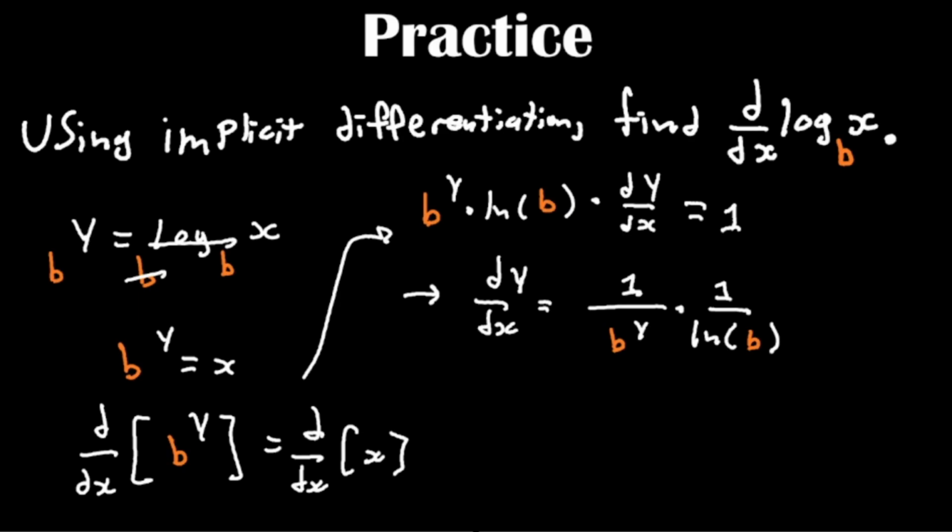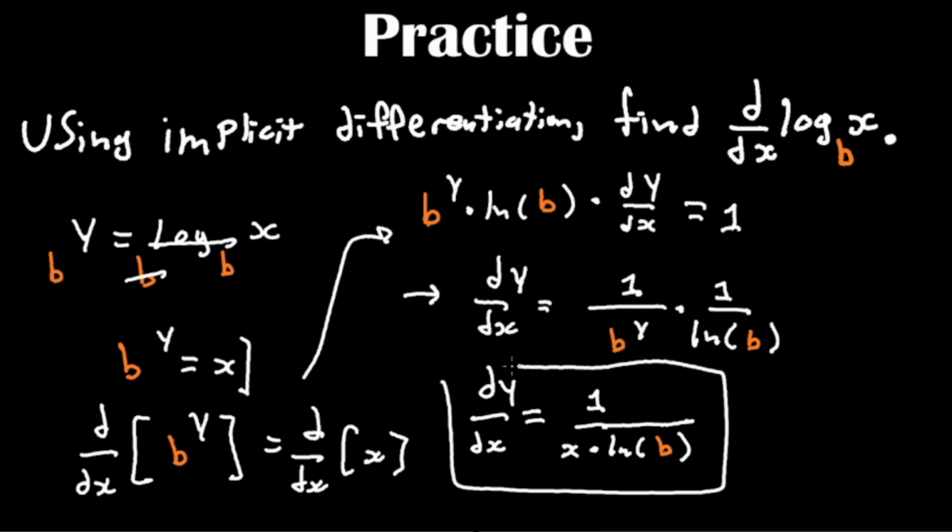So, we already had over here that b to the y is equal to x. So, how about let's just substitute this in. So, we'll get that dy over dx is equal to 1 over x times natural log b. Okay, so this is our derivative.